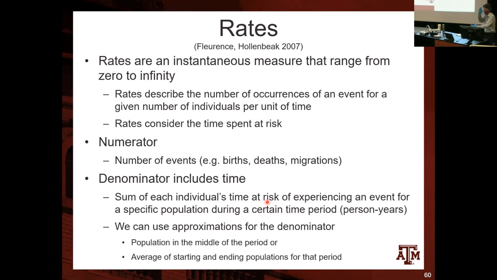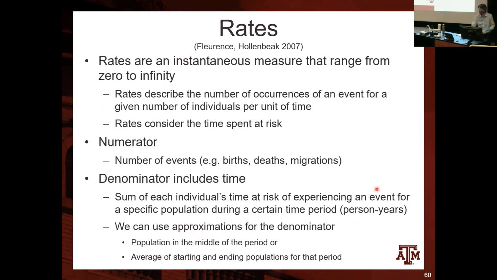But that starts to be really difficult, because we would have to get the population of that country pretty much per month. And it's already hard to find population for several countries in a specific year. Per month within a specific year would be really hard. So we can use approximations for the denominator.